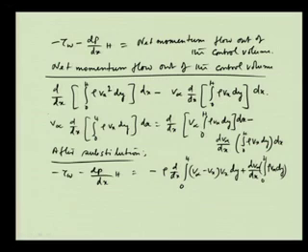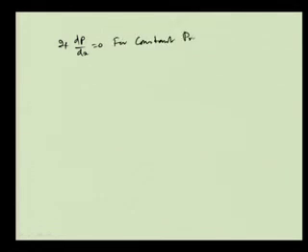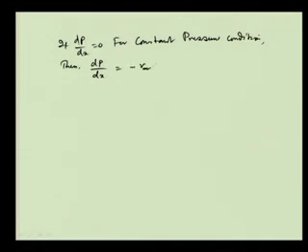Now, if dp/dx is equal to 0 for the constant pressure condition, then we know that dp/dx is equal to minus rho v infinity into dv infinity/dx, which we can find from Bernoulli's equation.